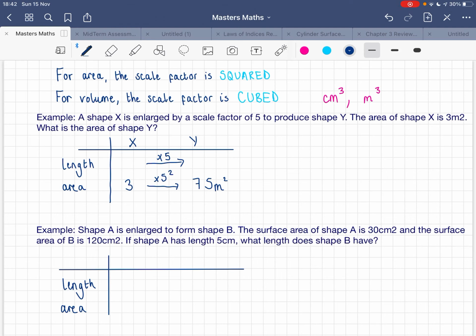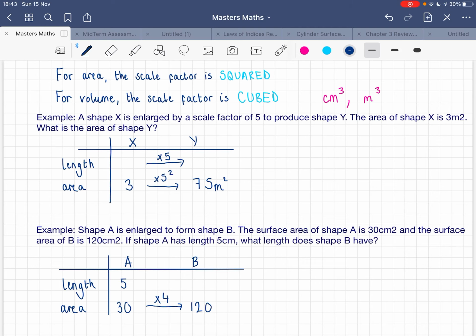To get from shape A to B with the area, we have taken our 30 centimetres squared and it's turned into 120 centimetres squared. To get from 30 to 120, we have multiplied by 4. But remember that the scale factor has already been squared.